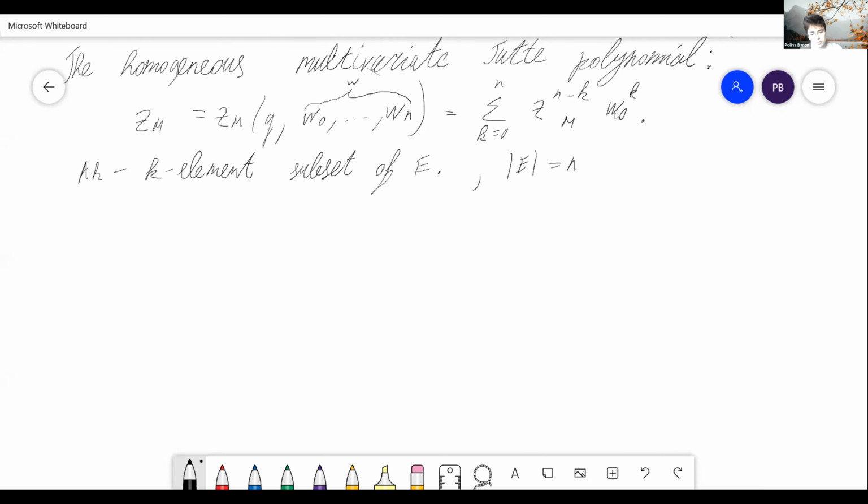So the way we're going to prove our theorem is through a heavy use of the Hessian matrix, which I'm sure everyone here knows, but just for the sake of clarity, I will write it down.